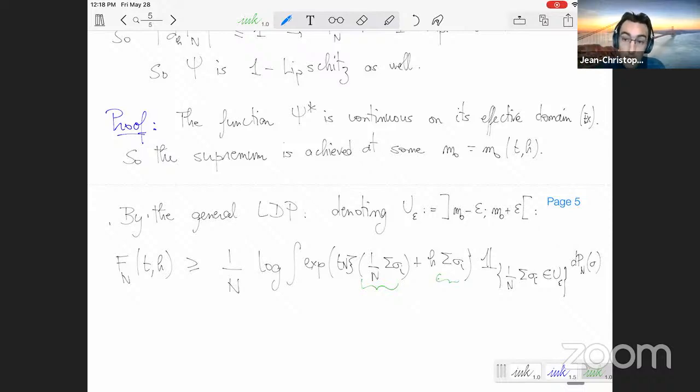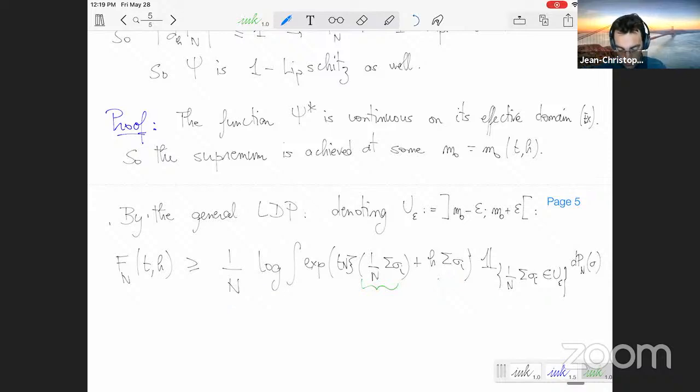Once I have done this replacement, I am left with just computing 1 over n log of the probability that this mean magnetization belongs to U epsilon. And this is where large deviation tells me that for large n, this quantity behaves like exponential of minus n times the infimum over U epsilon of the rate function.